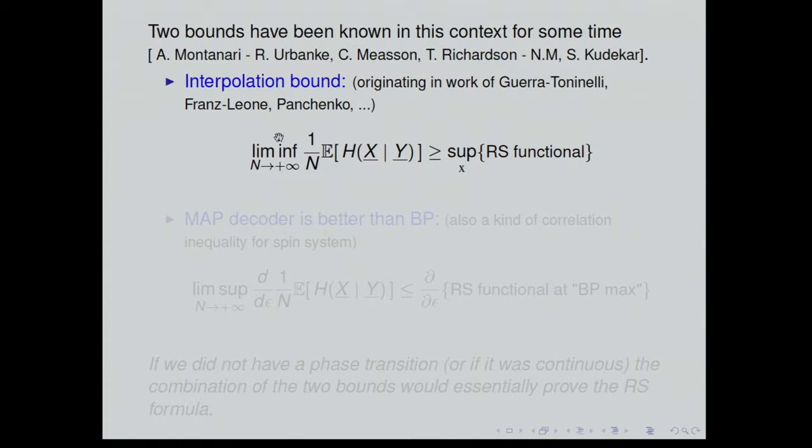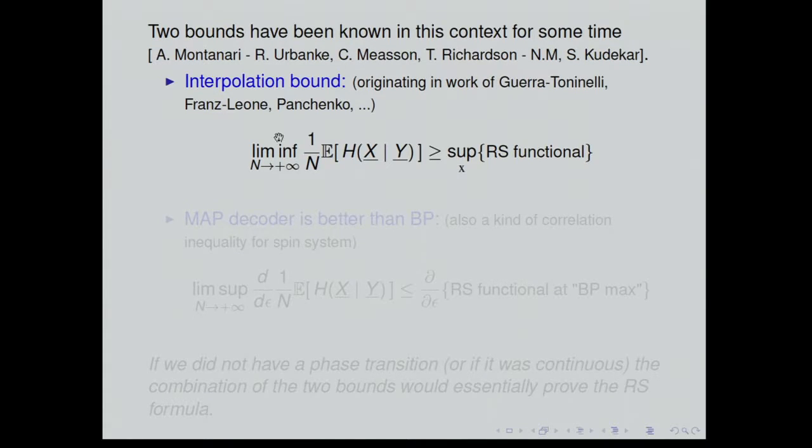Okay, so now we will use in our proofs not only spatial coupling, but also older tools that have been developed. Okay, and there are two basic inequalities that have been known for a very long time. I mean, a long time means 10 years.